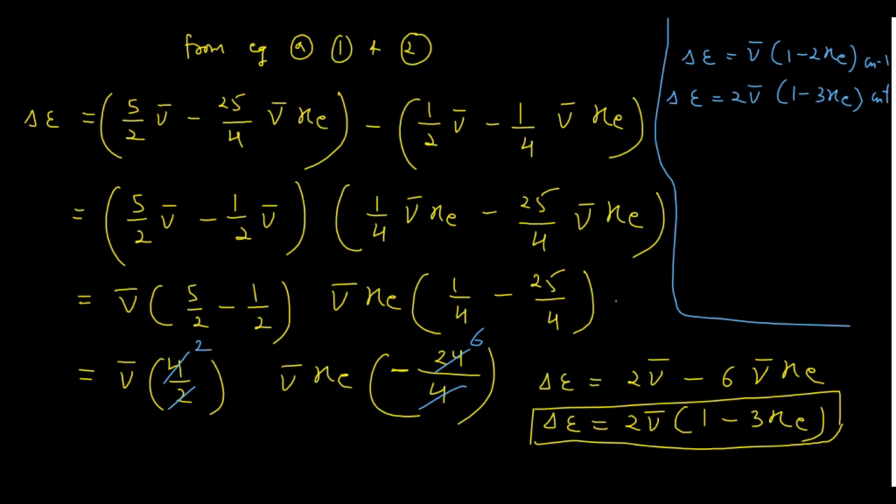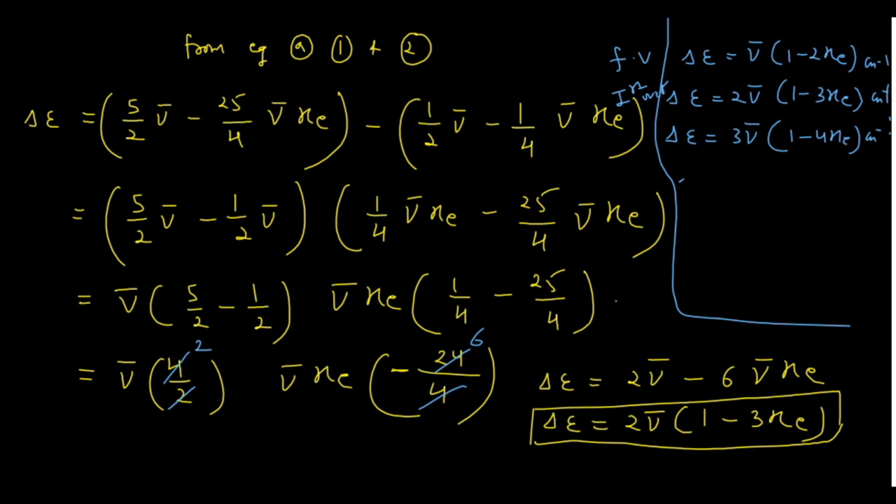So say this is for the fundamental vibration, this was for the first overtone, and for the second overtone you can write del E equals, so here the difference is only 1, if you add 1, this will become 3 nu bar, and then it will become 1 minus 4 Xe centimeter inverse.